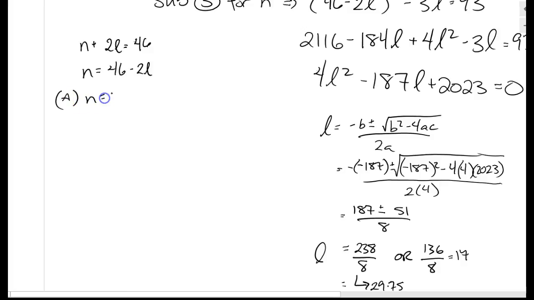We've got n equals 46 minus 2 times 29.75, or negative 13.5. Option 2 is that l equals 17, in which case 46 minus 2 times 17.